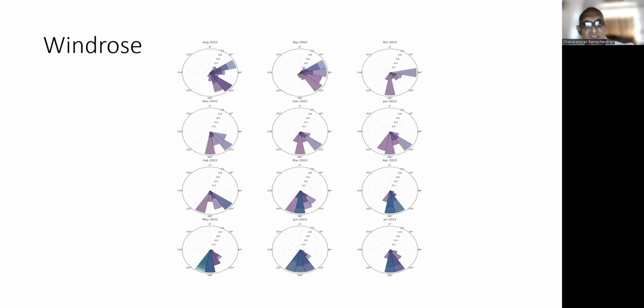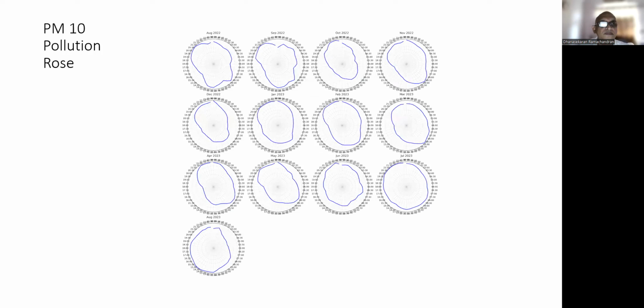Now we will see some correlations with respect to wind roses and other parameters, which can give an insight into what happened at Punjabi Bagh. The wind rose shows, as spoken about earlier, south, southeast, southwest is the predominant direction from which the wind prevailed during the monitoring period of August to August 2023. The PM10 pollution rose also shows very clearly that south and southeast are the predominant directions from which the pollution has been attributed to the ambient environment.